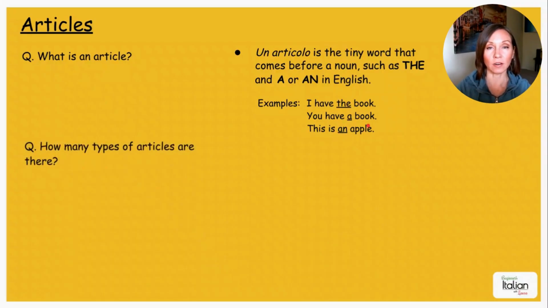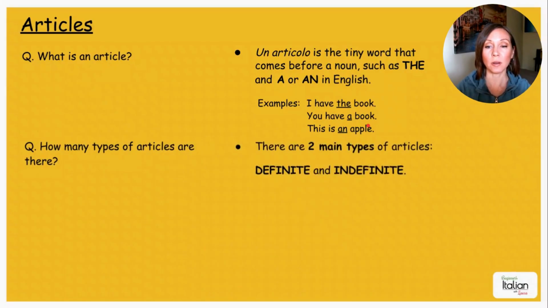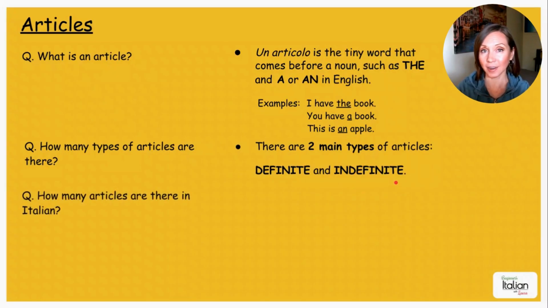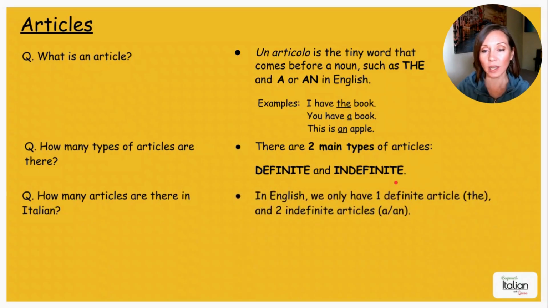How many types of articles are there? There are two main types of articles, definite and indefinite. How many articles are there in Italian? In English, we only have one definite article, the, and two indefinite articles, a and an.